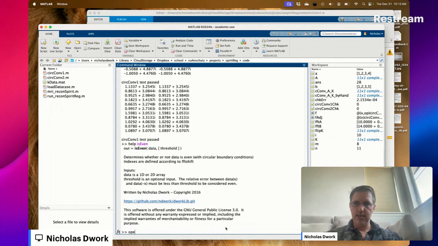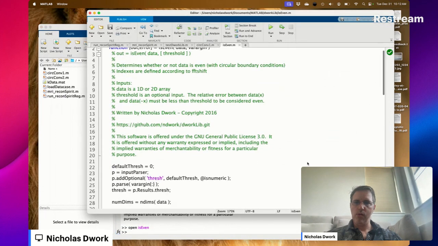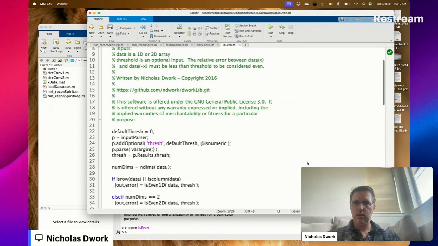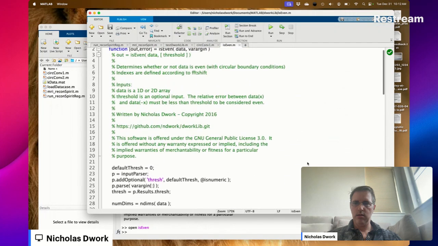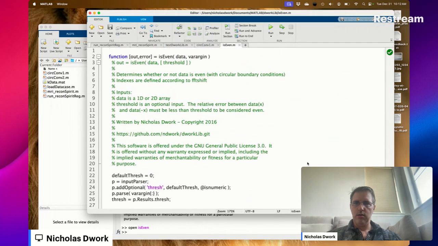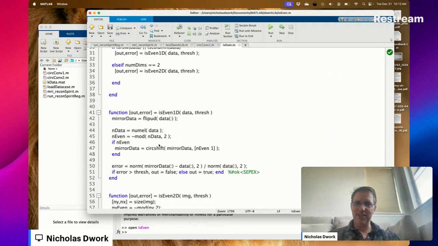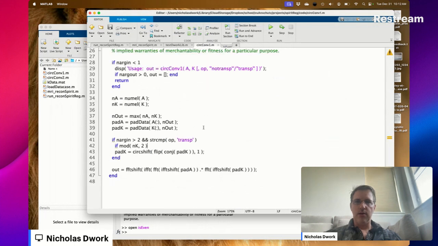I created an is even. With circular boundary conditions. Why is there circular boundary conditions? Well, that looks broken.